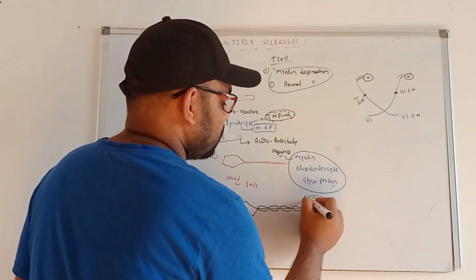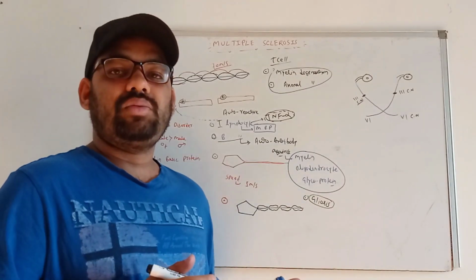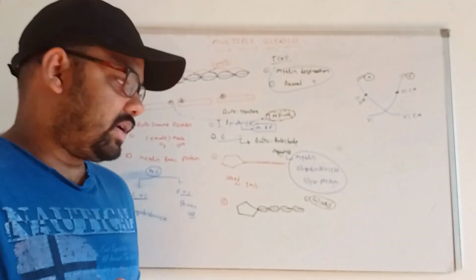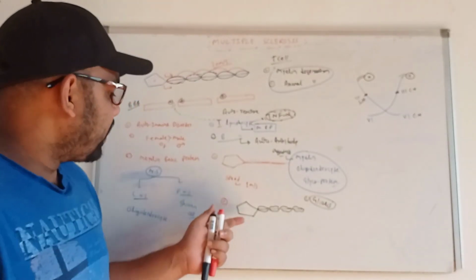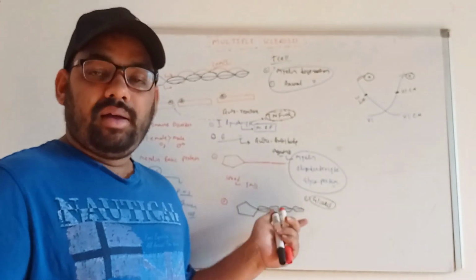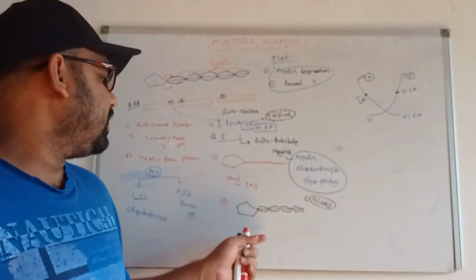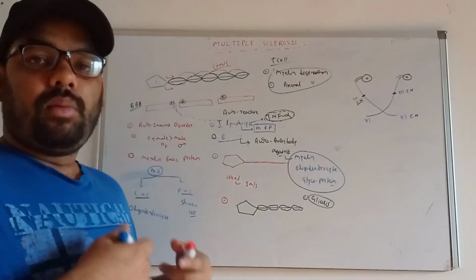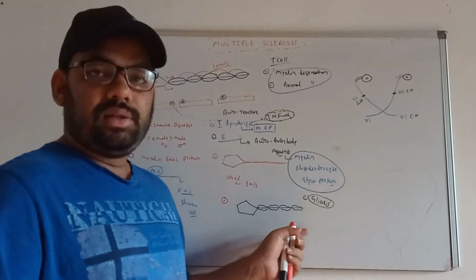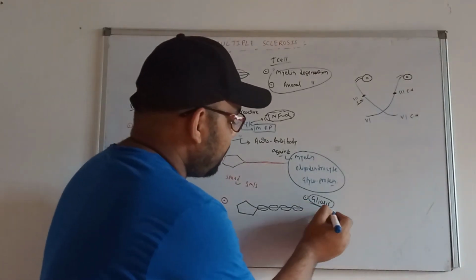Whenever we see gliosis, we will see the formation of plaque. We will see formation of the plaque within the white matter. So once we are getting progressive damage within the axons as well as within the what? Myelin, right? What did I say? Whenever we see progressive damage within the axon as well as within the myelin sheath, as a result we will see inflammation.